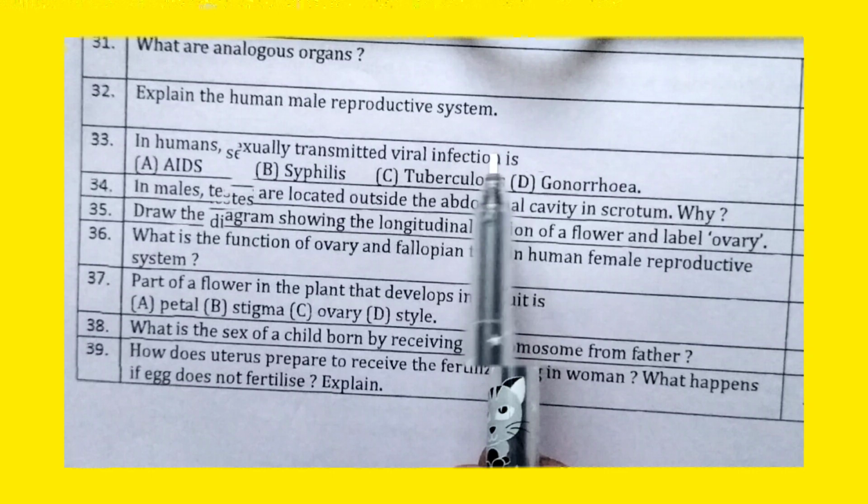The 34th question is: in males, testes are located outside the abdominal cavity in the scrotum. Why? Now let us answer this question.